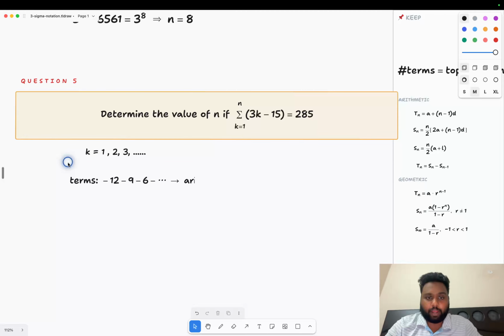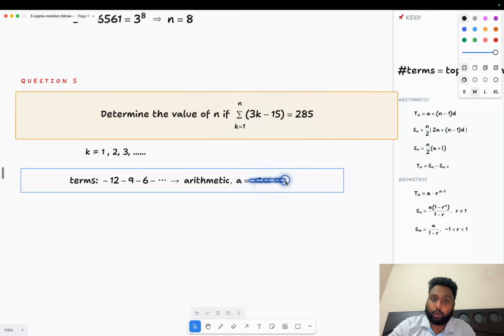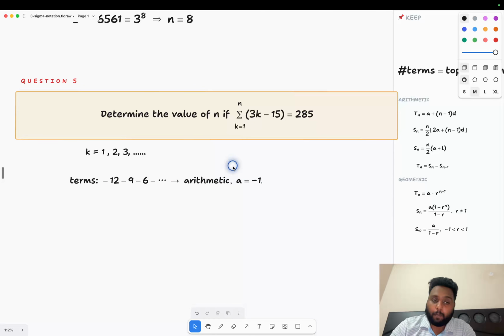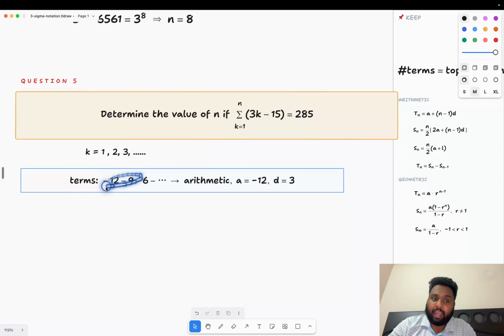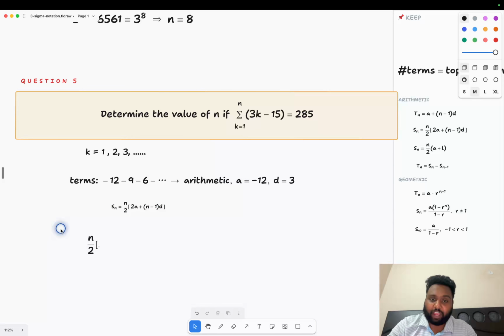So we figure out that this is an arithmetic series where a is equal to minus 12 and the common difference is 3. So this is our series, and then we will use the formula of S of n.